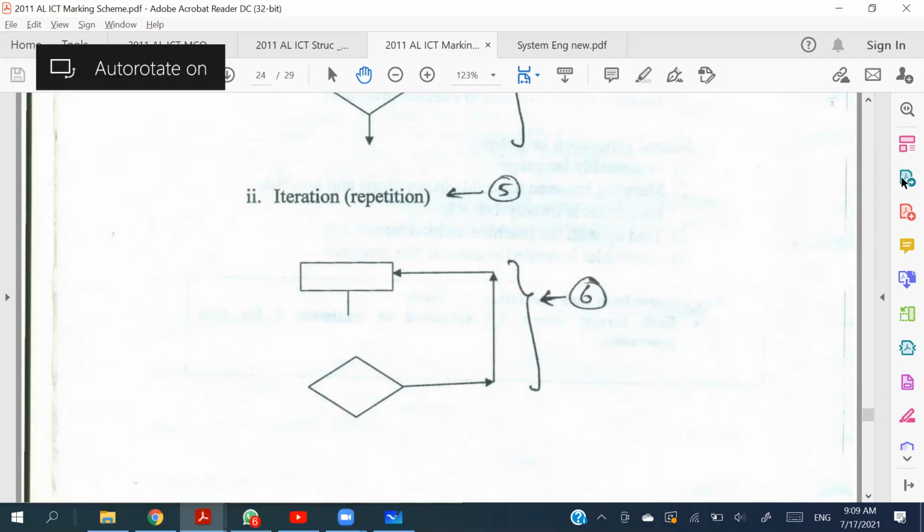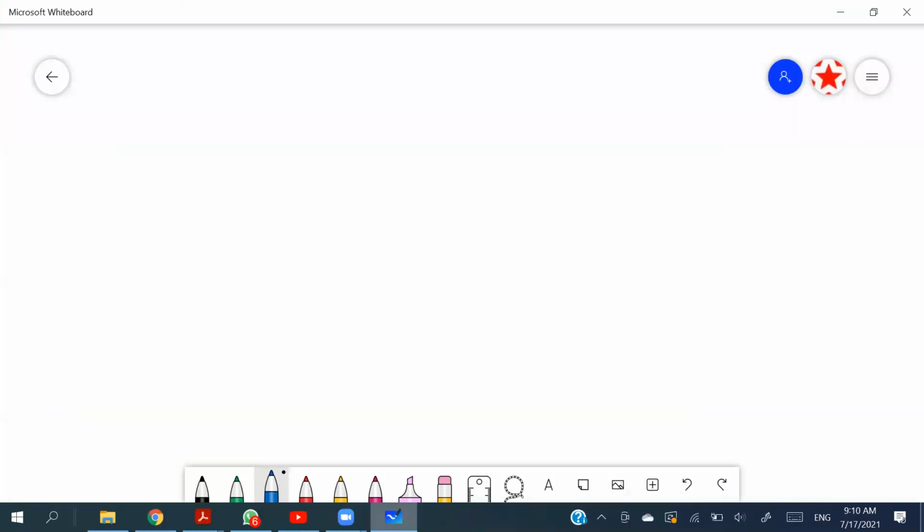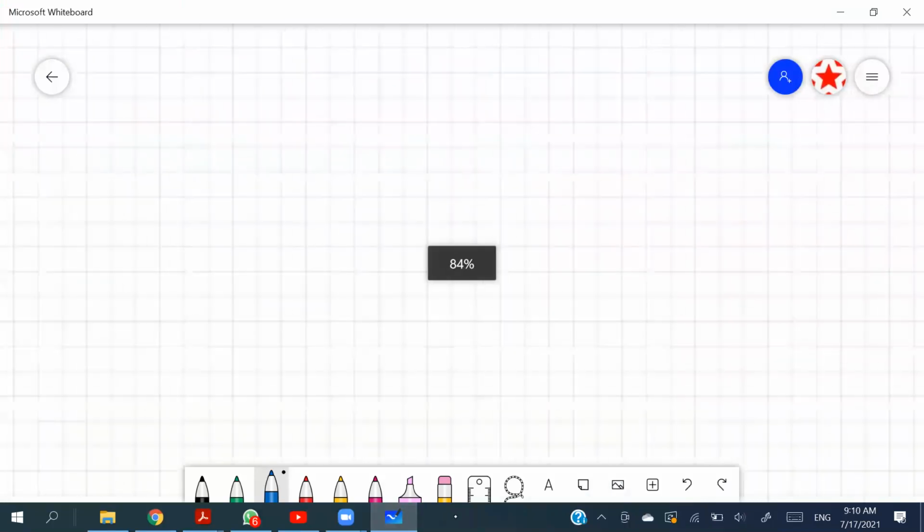It's not a very hard task to do. So if you want to indicate a selection, I'm sorry, if you want to indicate a sequence, you can simply draw something like this.